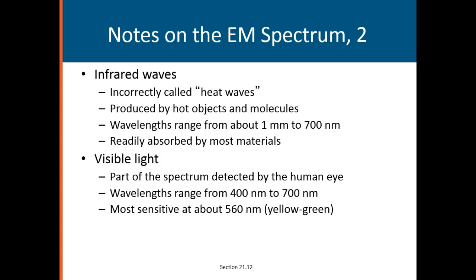Visible light, part of the spectrum, is detected by the human eye. The wavelength ranges from 400 nanometers to 700 nanometers. Those are approximate. Most sensitive to our eyes is about 560 nanometers, that's in the yellow-green, right about the middle of it.